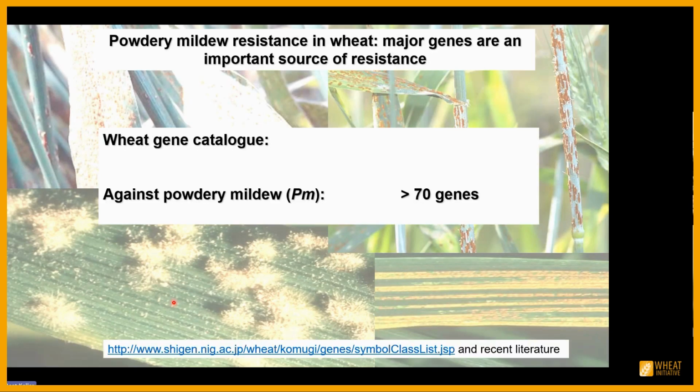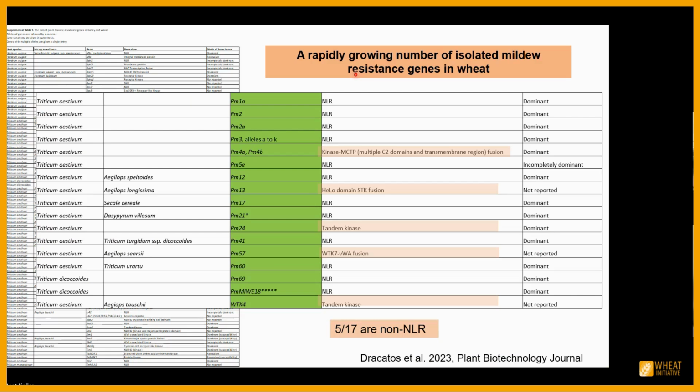Now, on the host side, there are more than 70 powdery mildew resistance genes described and genetically analyzed in the wheat gene catalog. Of course, these genes are very important sources for resistance breeding. Not all of them have been molecularly isolated, but there is a growing number of powdery mildew resistance genes from wheat which are molecularly known, listed here in green.